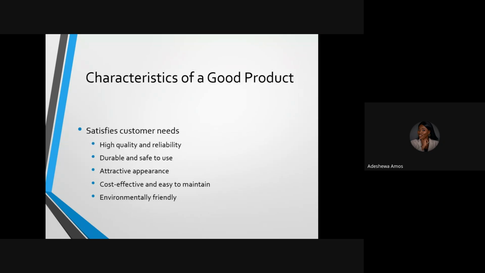And now there are characteristics of products. Okay, a product is meant to satisfy customer needs, meaning that as a customer or as a consumer, if you go and buy a particular product and that product is satisfying your needs.